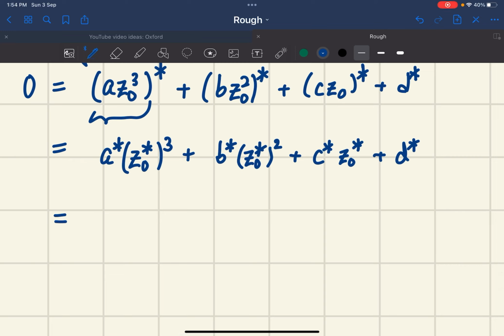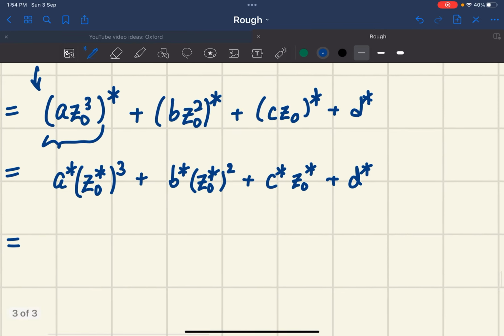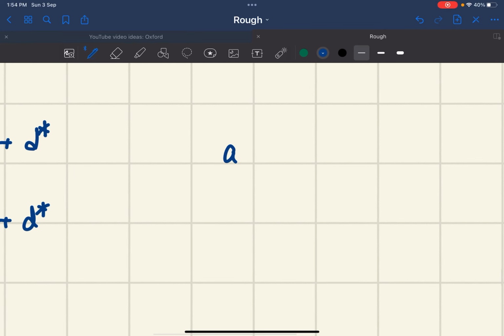We have assumed that a, b, c, d are real numbers. Now the complex conjugate of a real number, this is a real number, it has 0 imaginary part. Complex conjugated, we do not do anything to the real part, we only swap the sign of the imaginary part.